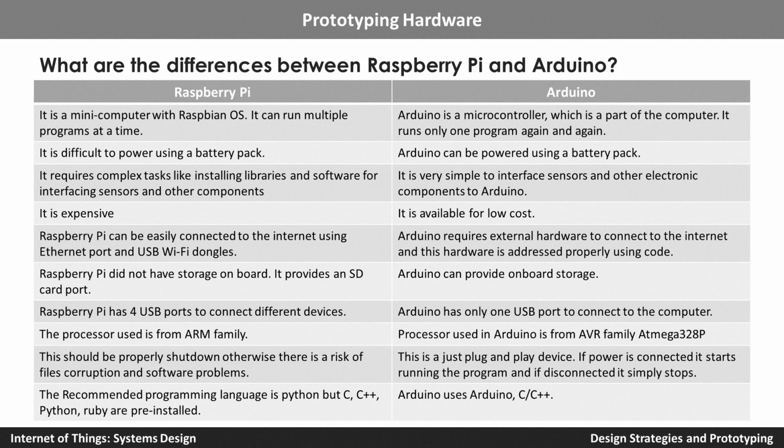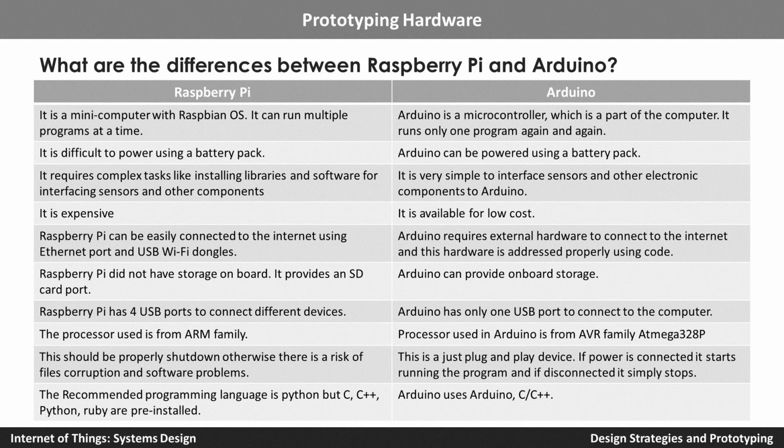Raspberry Pi is supposed to be shut down if you want to switch it off. Arduinos you can just switch on and off at any time. There's no corruption that would happen. The recommended programming language is Python, but you can use C and C++ for Raspberry Pi.